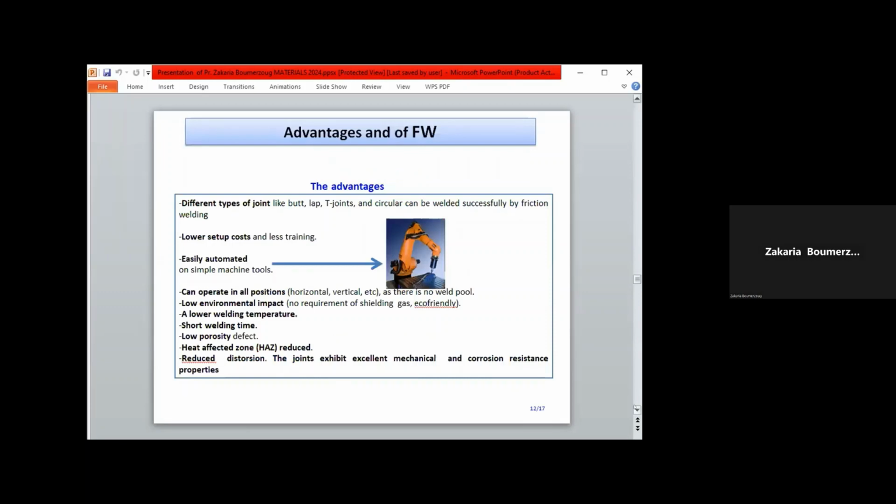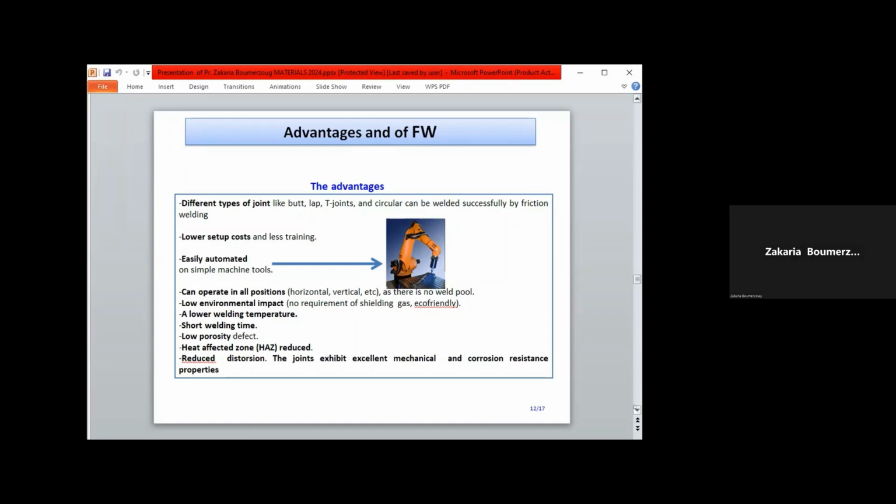What are the advantages of friction welding? The first advantage is that different types of joints like butt, lap, T-joints, and circular can be welded successfully by friction welding. The second advantage is low setup cost and less training.